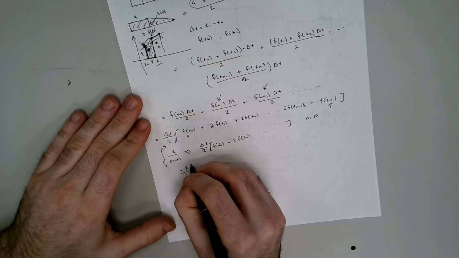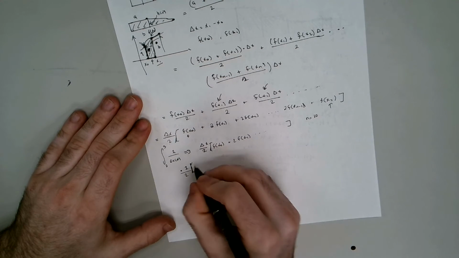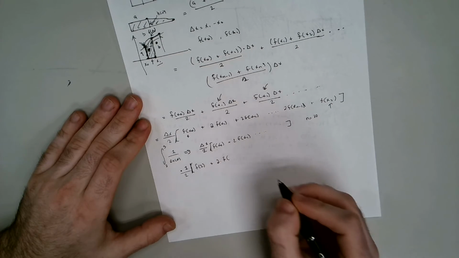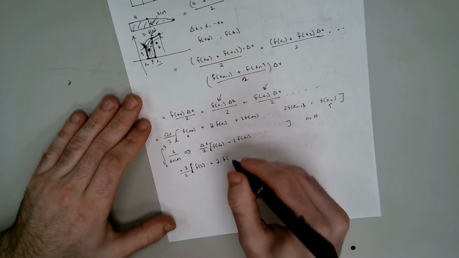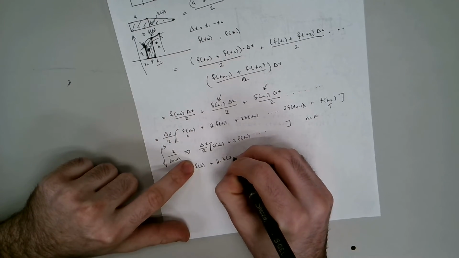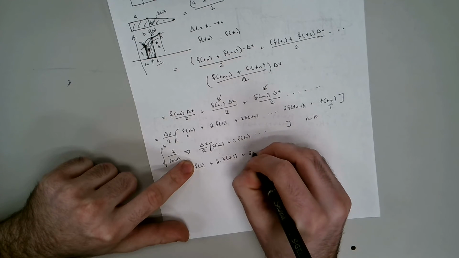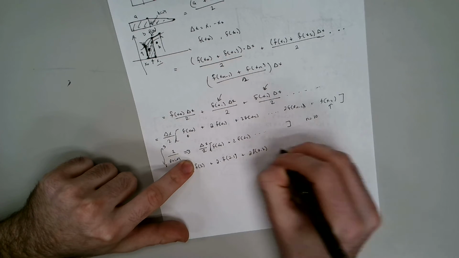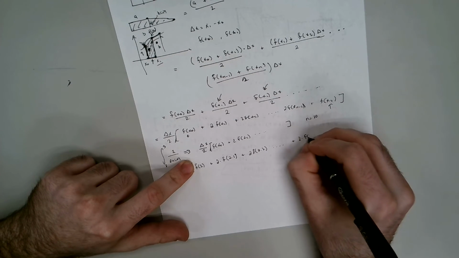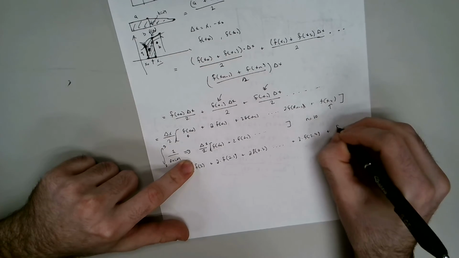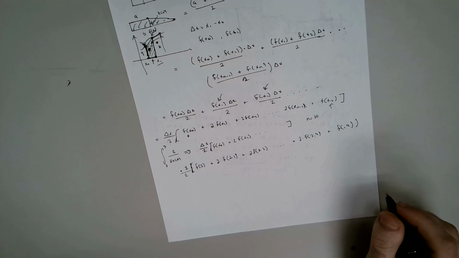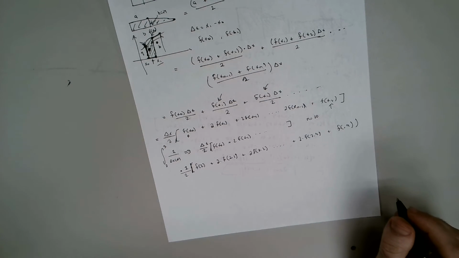And so then we take f of 2 plus 2 times f of 2.1 plus 2 f of 2.2, and so on, plus 2 times f of 2.9 plus f of 3.